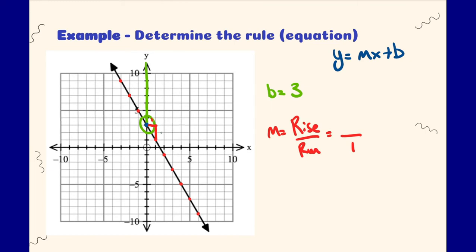Because I'm going down 2, my rise is negative 2, which makes sense because I'm going downwards. So my m, or my slope, rise over run, is equal to negative 2 over 1, which is equal to negative 2. Now I can put those two pieces together. My equation is y equals negative 2x plus 3.